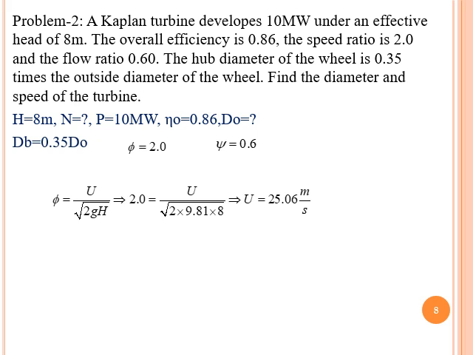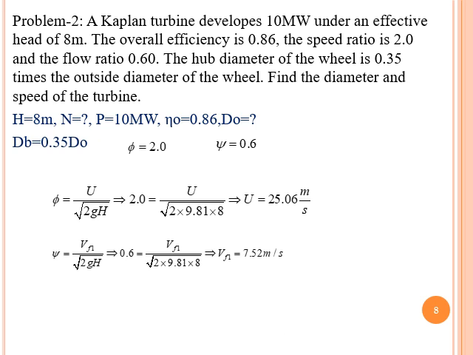See the solution now. From the speed ratio, U by square root of 2gH, the speed ratio is given as 2 and head is given as 8 meters. By substitution and calculation, we get U equal to 25.06 meter per second.